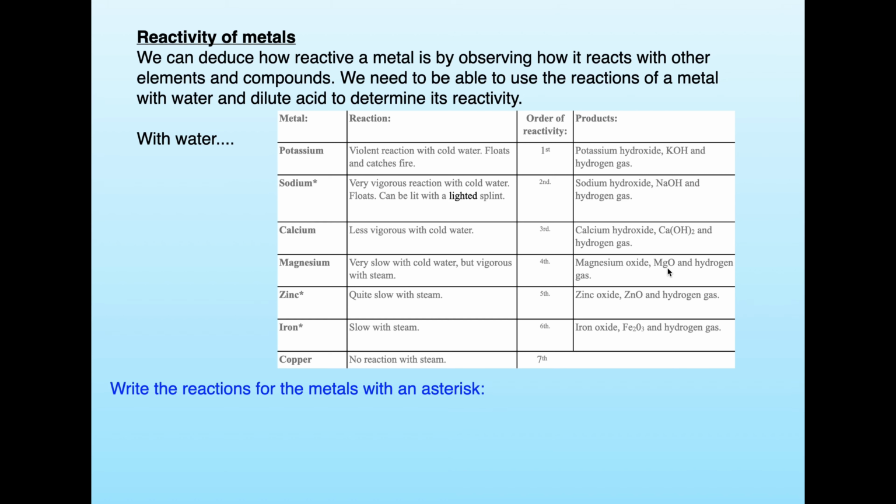When you write the equations, obviously you need to know what the products are. And then when we get down the bottom of the reactivity series, copper does not react with steam even. Have a go at writing the reactions for the elements that have got an asterisk.